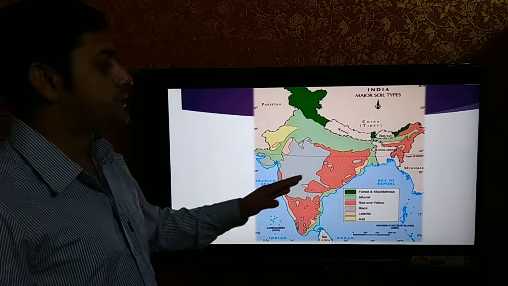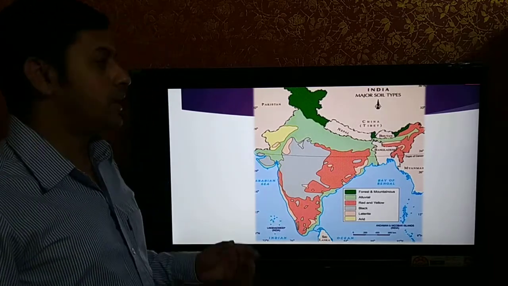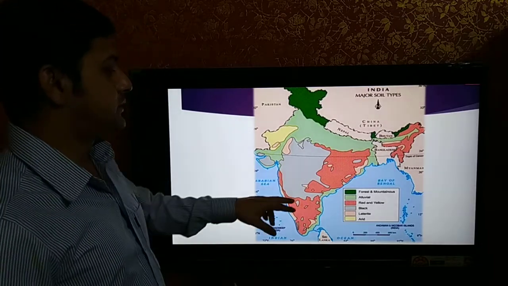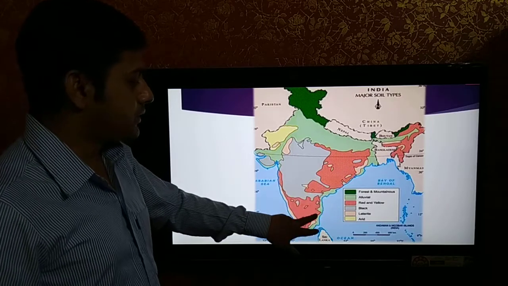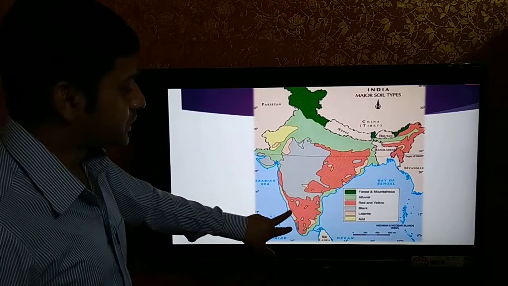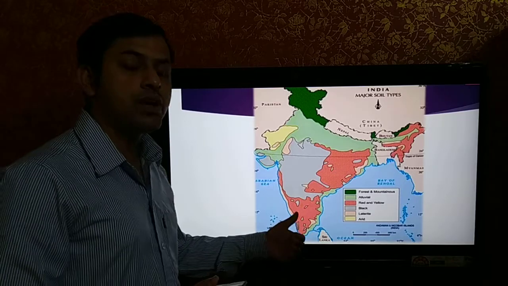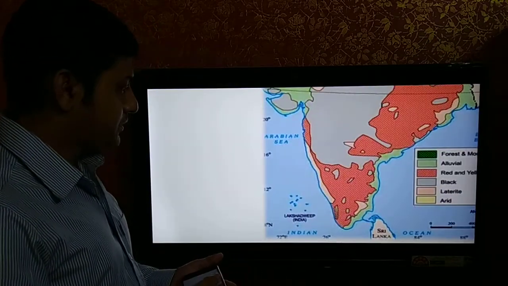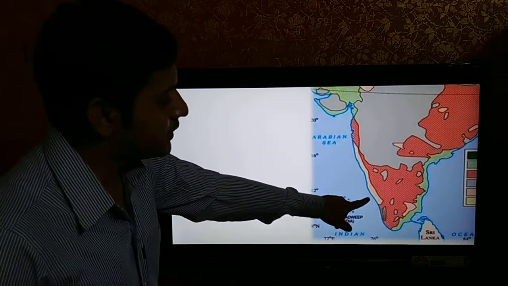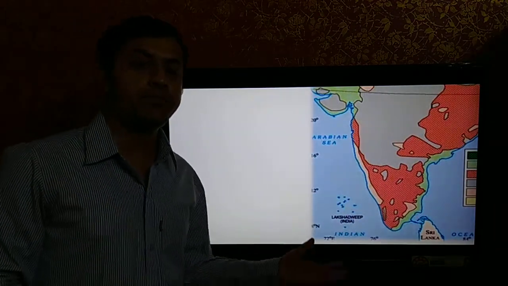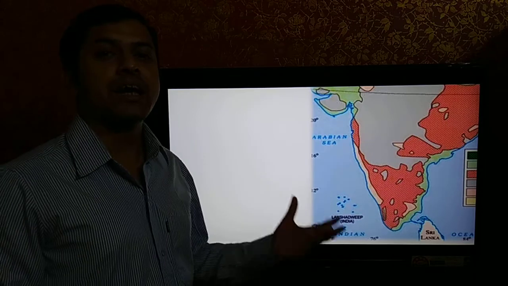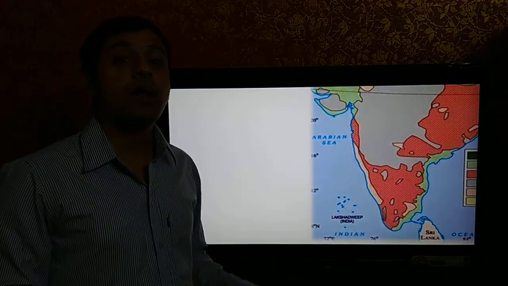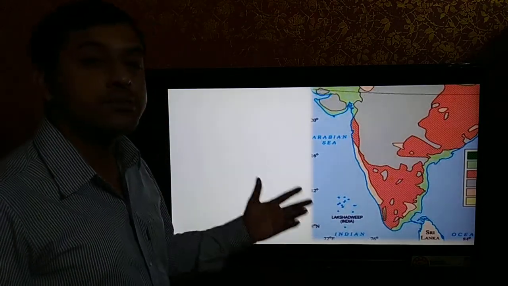Next one is the laterite soil. Laterite soil is found in a few areas of the southeastern and southwestern part of India, mainly the summits of the Western Ghat mountain, where there is an alternating wet and dry condition due to heavy rainfall, so laterite soil is formed.